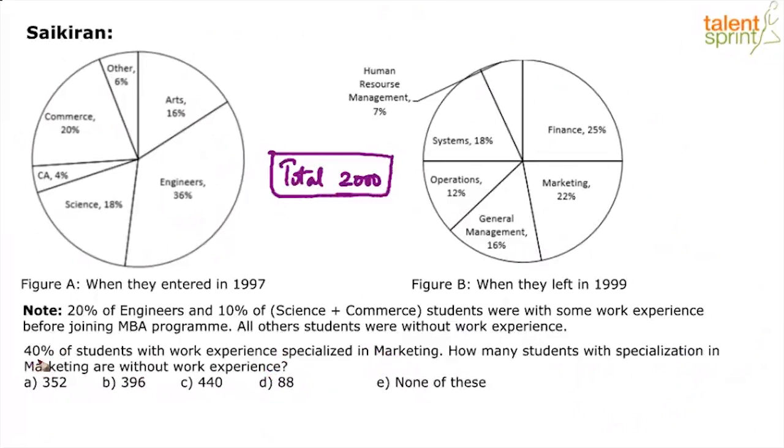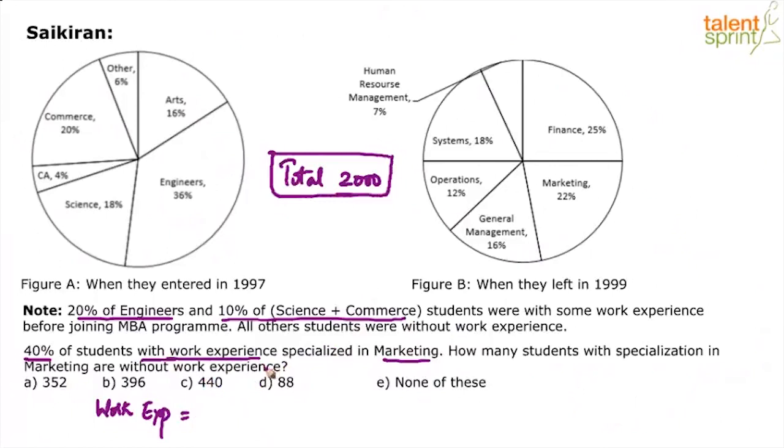So first of all, let us find out what is 40% of the students with work experience. Now how many had work experience here? Remember the point, 20% of engineers and 10% of science and commerce graduates, right? You don't have to write this on paper in the exam, but for the sake of explanation, I'm writing it.